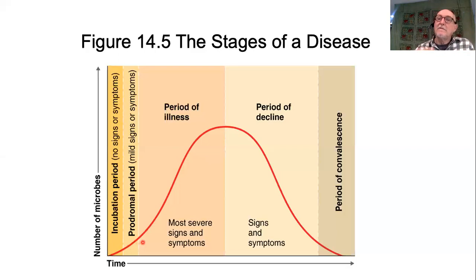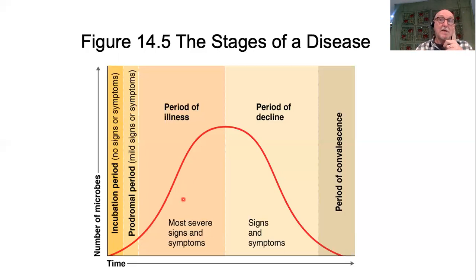And then the disease symptoms begin. The virus, or whatever it is, is reproducing wildly. It is taking over functions of cells in your body and damaging cells. You're getting waste products produced, and you're now starting to feel really ill.